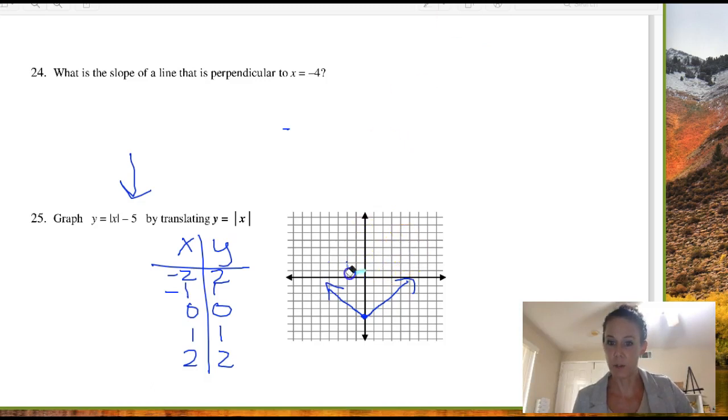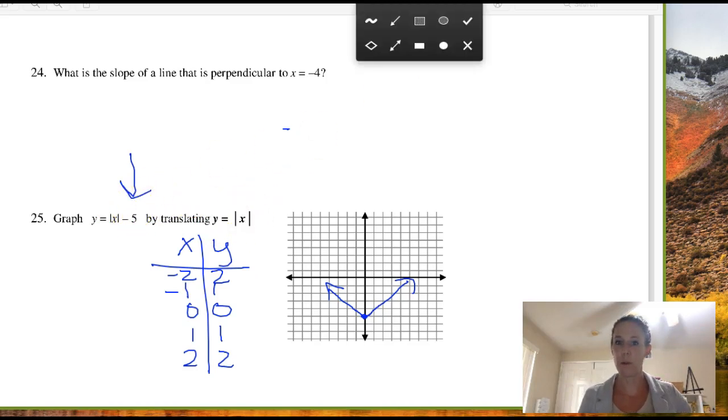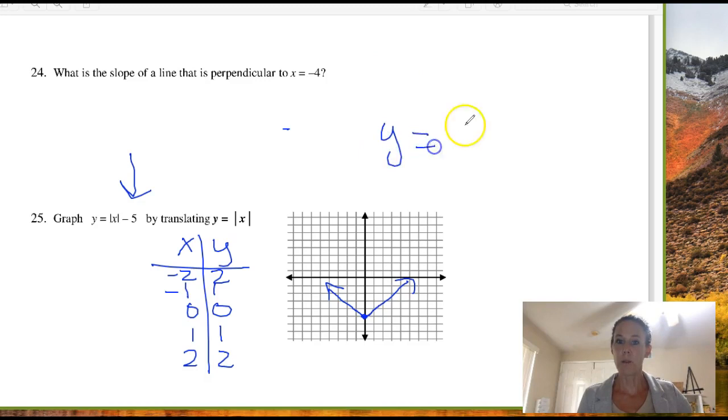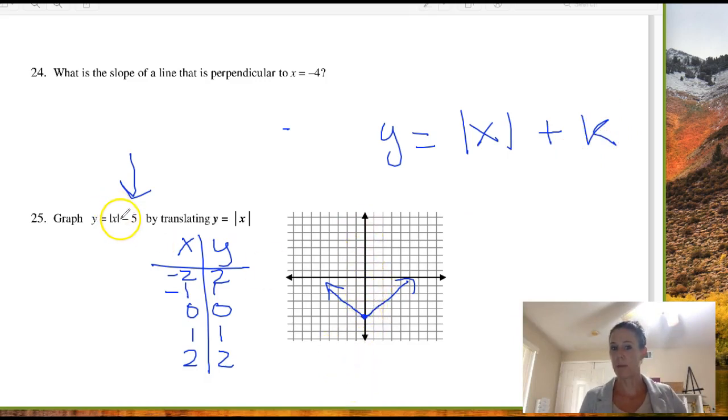It should be this graph shifted down 5. So I've translated this graph down 5. So just to review with you, remember, y equals the absolute value of x. If I add some constant k outside, that shifts my y value up or down. You can check it by plugging in values. If I plug in 0, I'm going to get -5. That's why I'm down here.